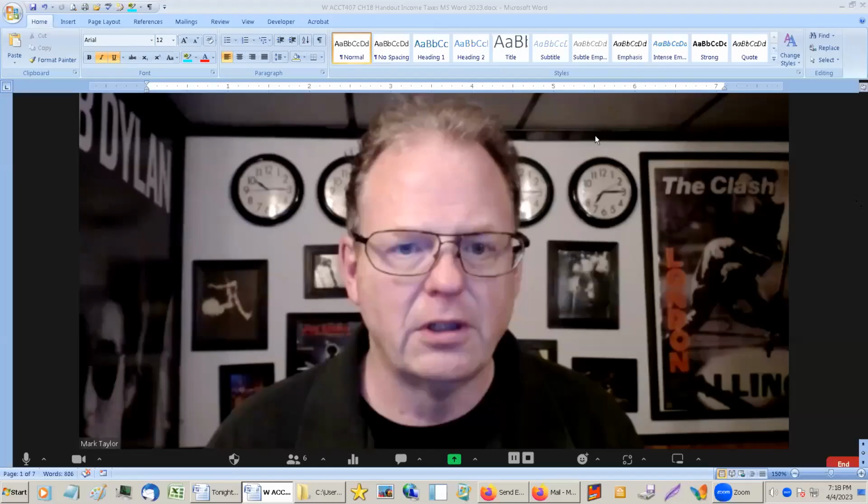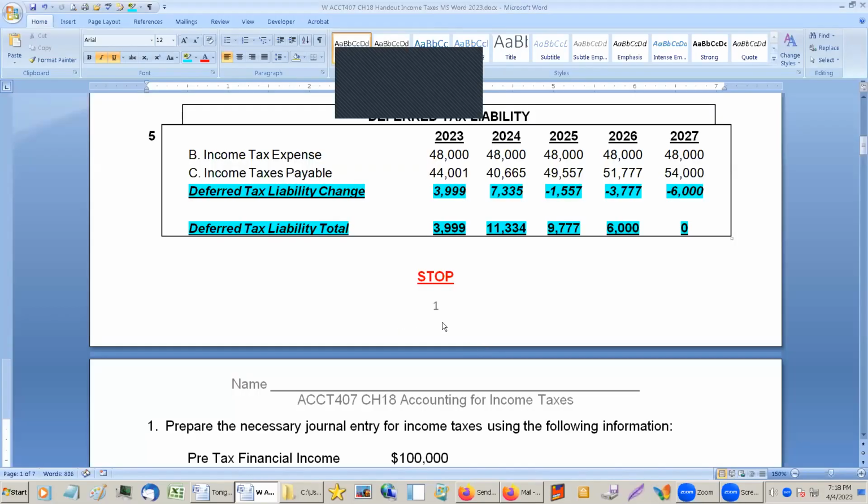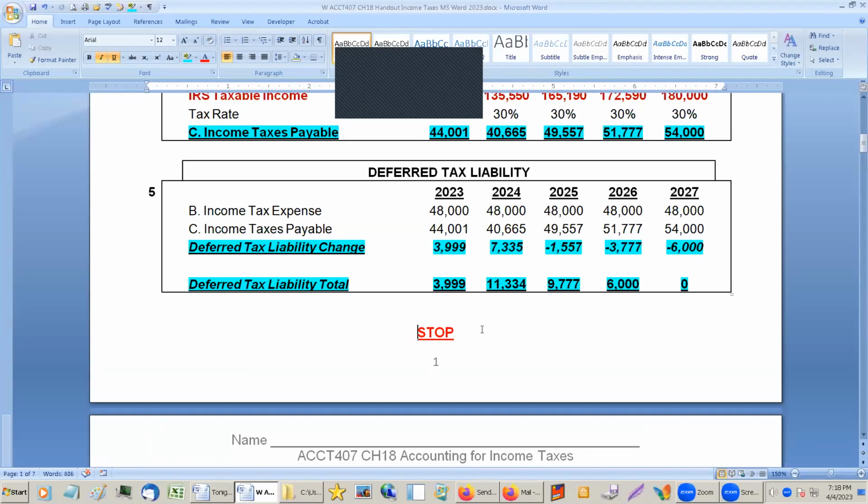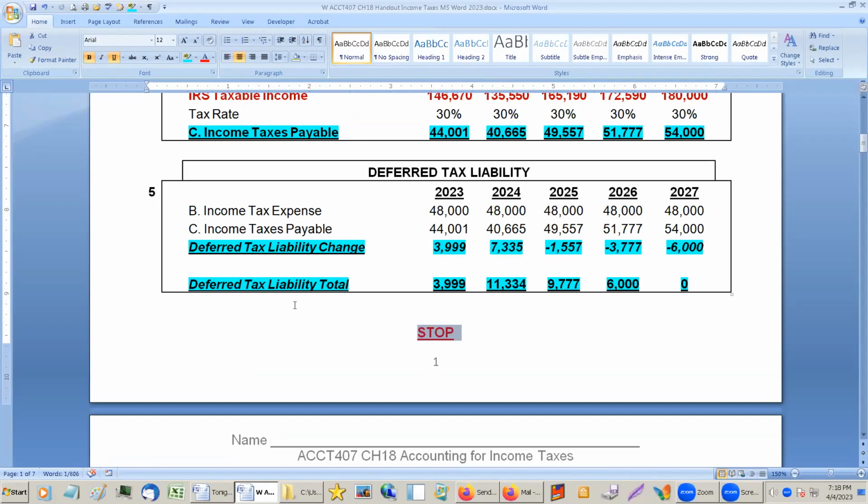We should be able to finish this by next class, I think. Let me look at it just to make sure. Yeah, we'll be able to finish this next class. You guys can't see what I'm doing. All right, so stop here, and we'll finish this next class.